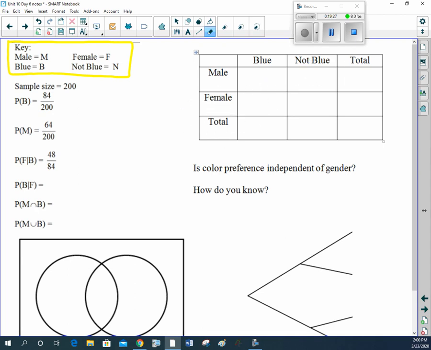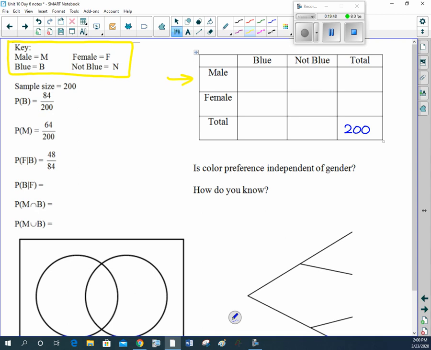Okay, so looking over here, the first thing they told us is the sample size is 200. This is our two-way table right here on the right. Since they told us the sample size is 200, that means the total of everything is 200. 200 goes in that corner right there.